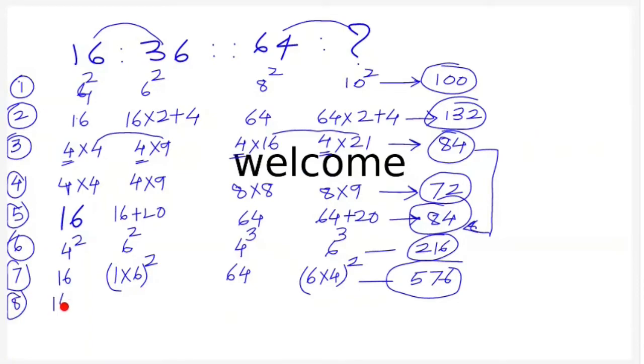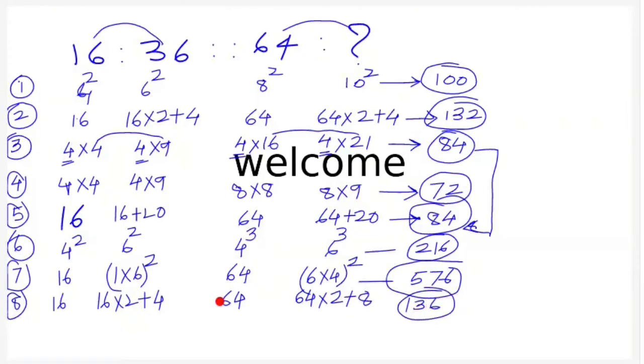16. You can say 16 into 2, 32 plus 4 is 36. Applying the same logic, 64 into 2 plus 8. Why 8?